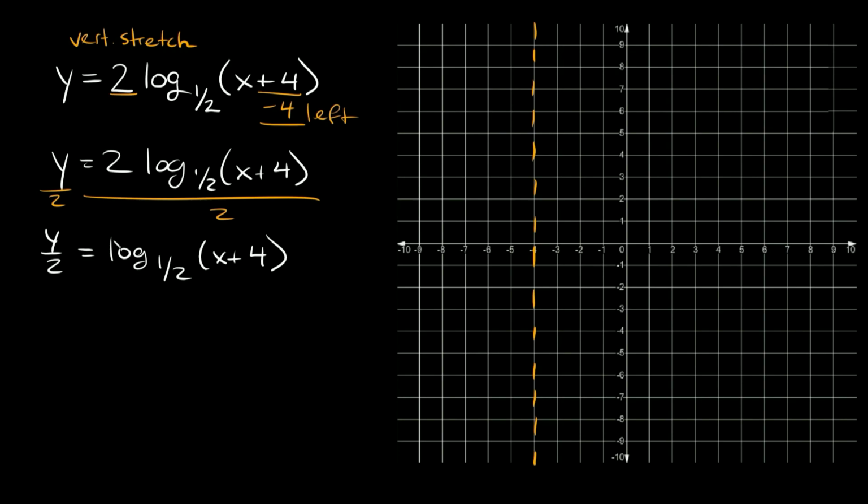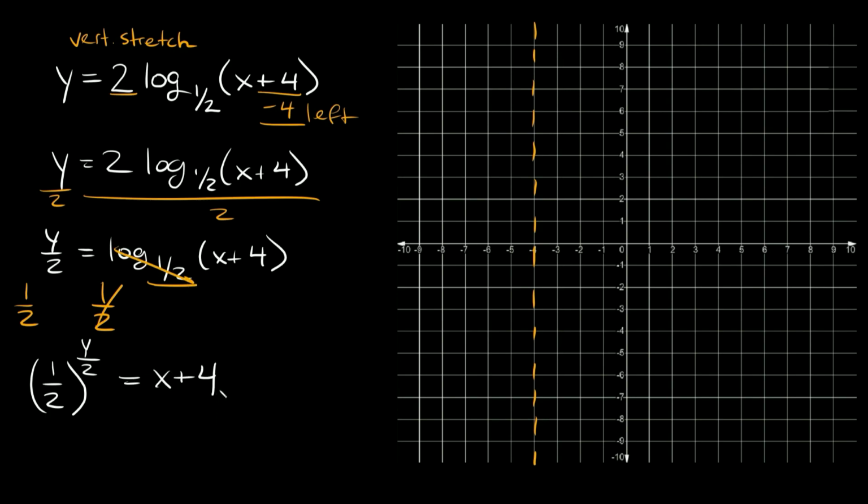Now again, in order to get rid of this log base whatever number, remember just take this number and we're going to say 1/2 raised to this whole thing. All right, so then we're left with 1/2 raised to the y over 2 is equal to, and then those cancel out, x plus 4.